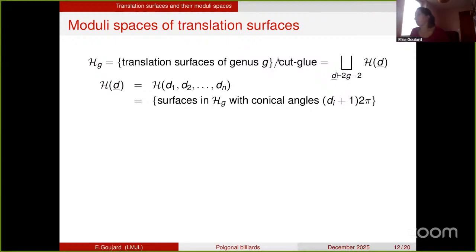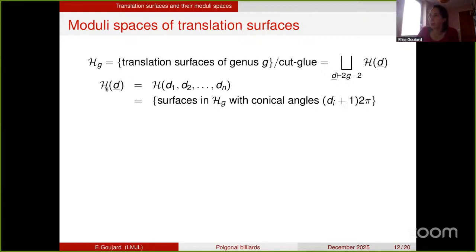So there is a relation by cutting and gluing. So you identify the patterns that are obtained from each other by cutting and gluing pieces. And inside this big moduli space, you can look at the subsets formed by surfaces that have given singular conical angles. Okay.